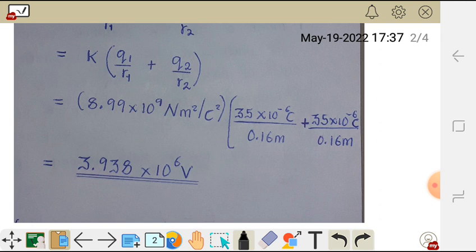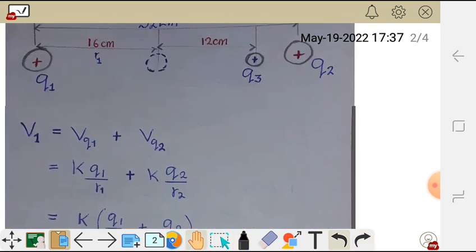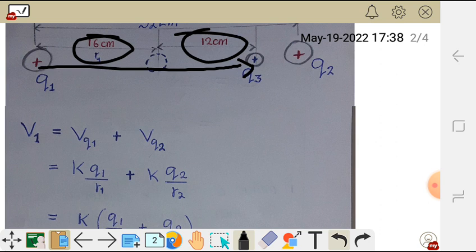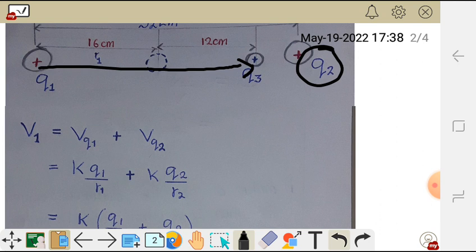So we have found the potential at this point. Now let's find V2, the potential at the final point due to these two charges. We use the same method, but now the distances differ. The distance from Q1 to Q3 will be 16 plus 12, which is 28 centimeters, and the distance from Q2 to Q3 will be 4 centimeters.